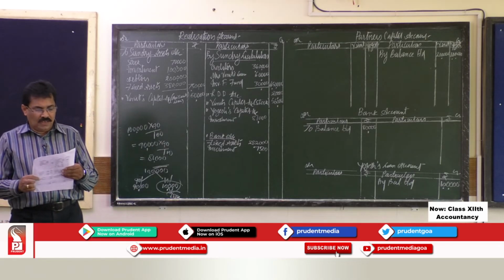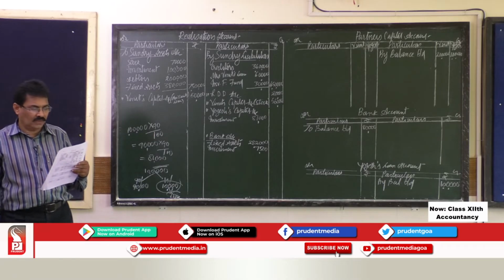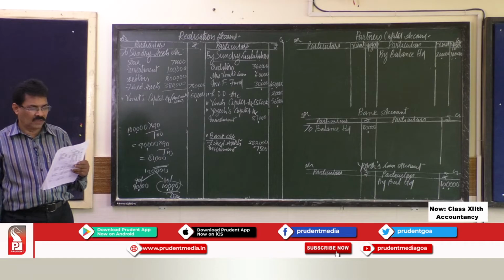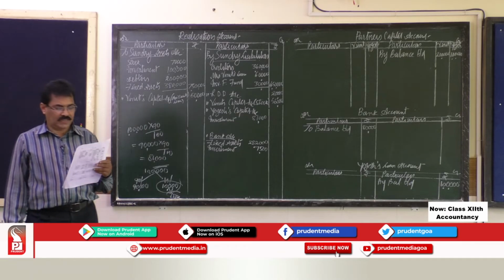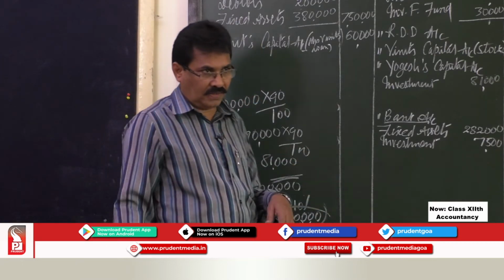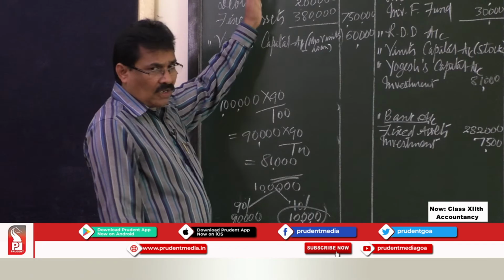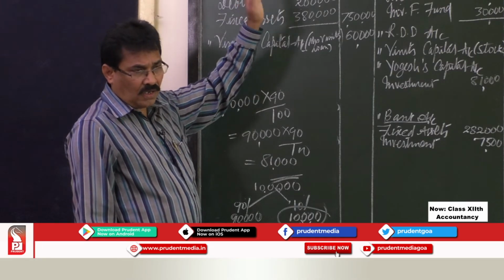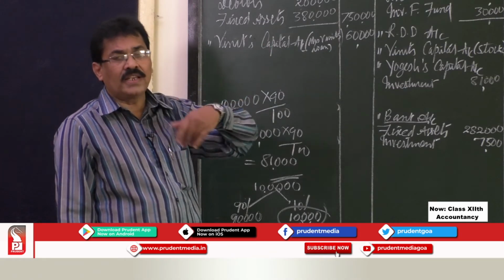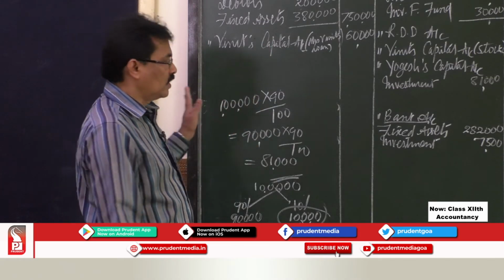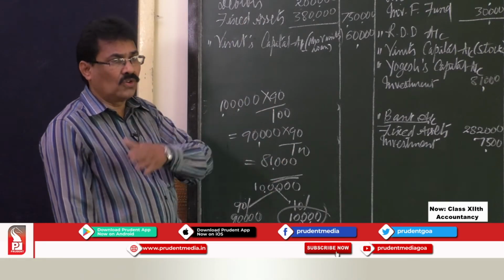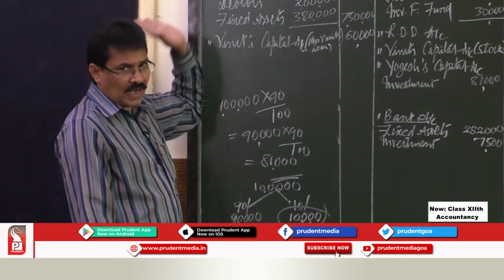Then there was an old furniture which has been written off completely from the books. Yogesh took away the same for rupees 4,000. This is an unrecorded asset. Unrecorded assets we are not going to transfer here, because unrecorded means there is no ledger account. When there is no ledger account, there is no question of closing those assets account. Whatever assets are recorded, those ledgers are there. To close those assets, you have to transfer to the realization account.